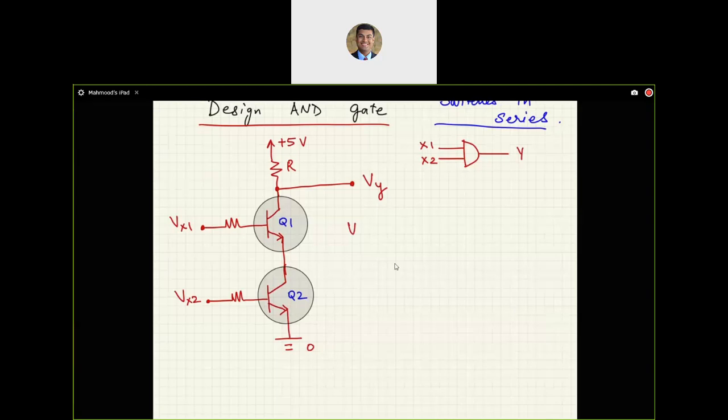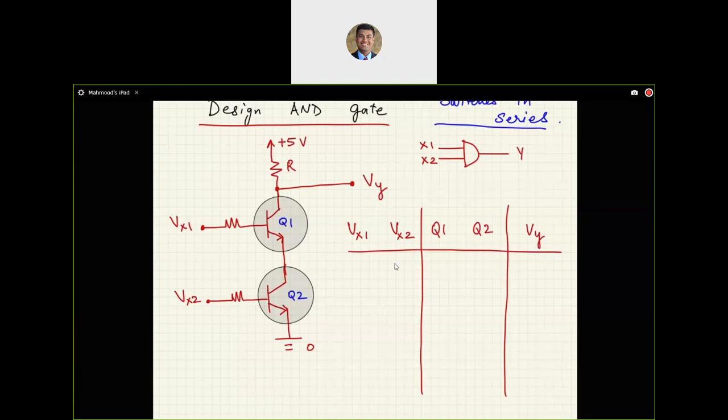We can do that quickly by monitoring Vx1 and Vx2 as two input columns. We have Q1 and Q2 as the state of the transistor, and we have Vy as the output.